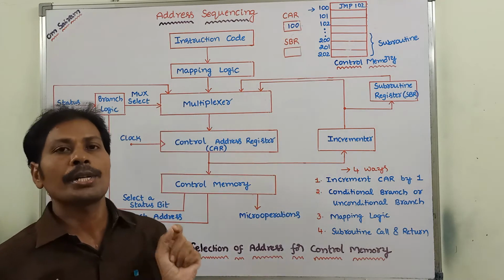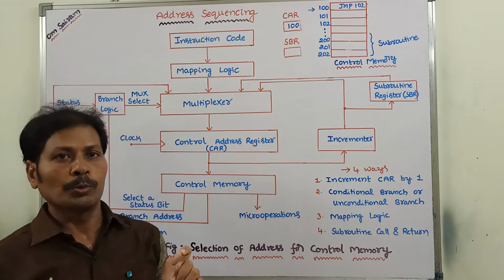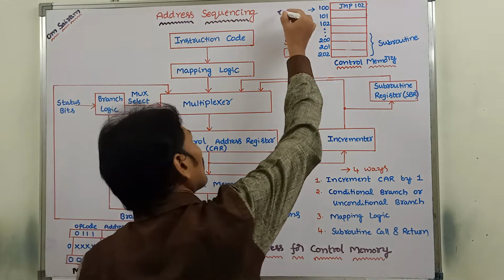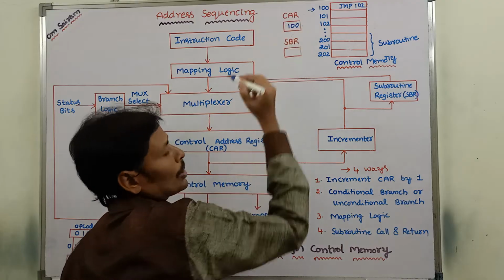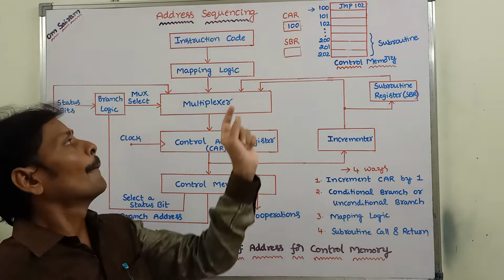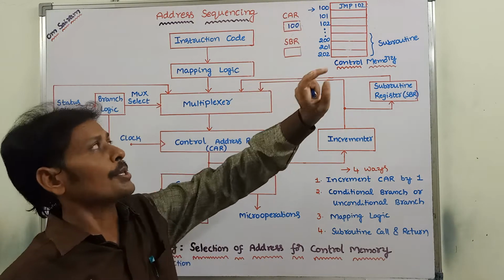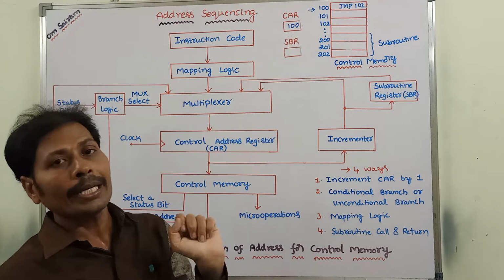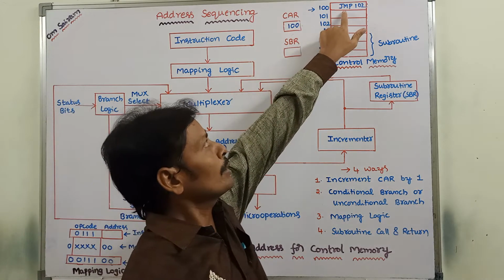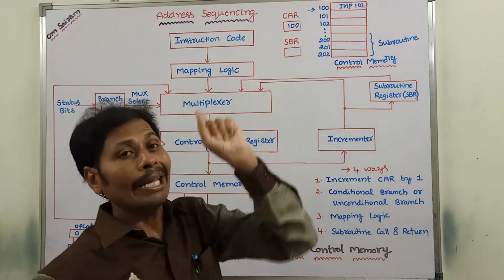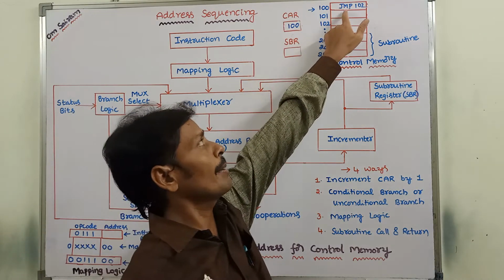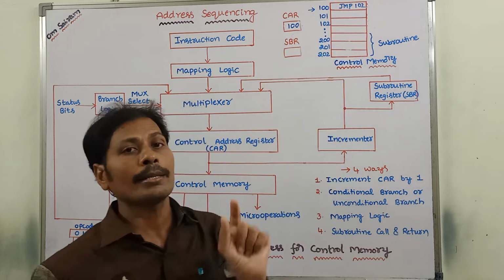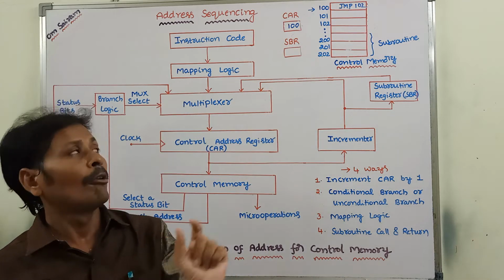That branch address is 102. The control address register stores the address of the current micro instruction. So the current micro instruction address is 100. In that current micro instruction, the instruction is JMP and the branch address is 102.